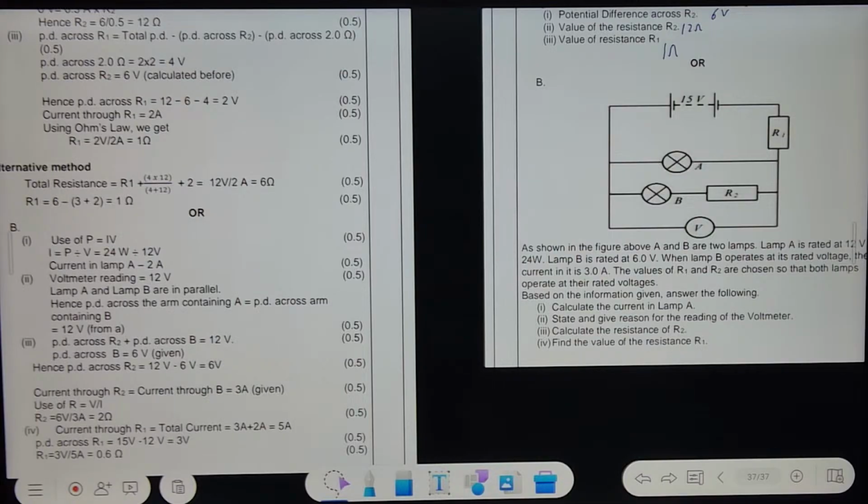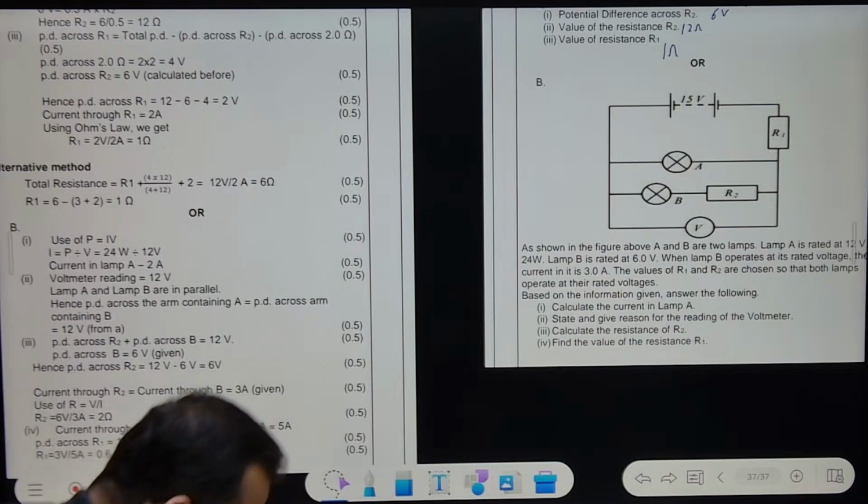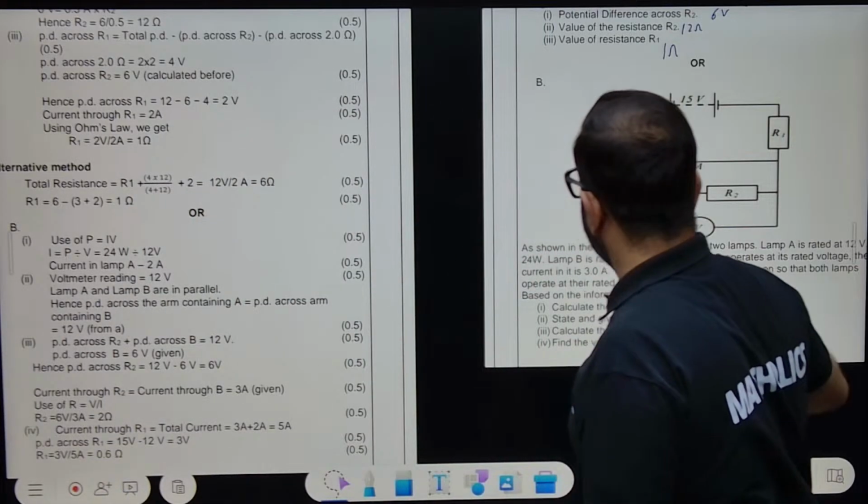Done? Okay, keep on copying. You take time, don't worry.